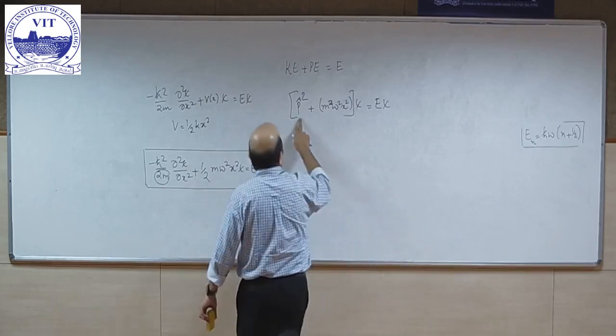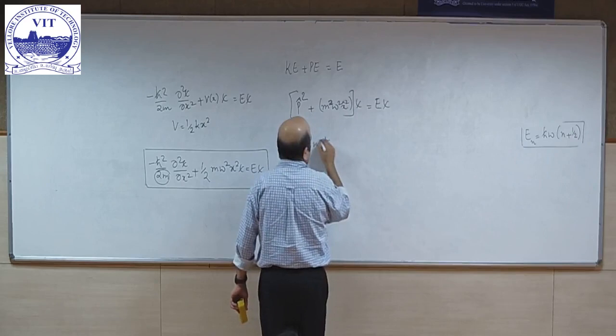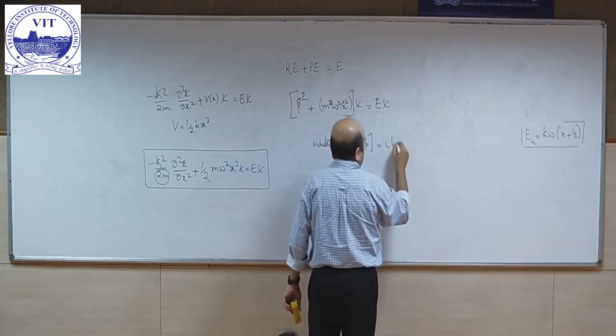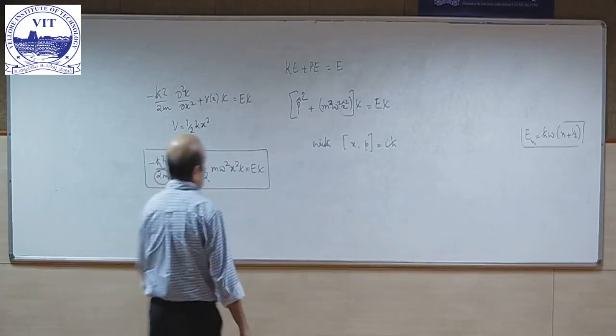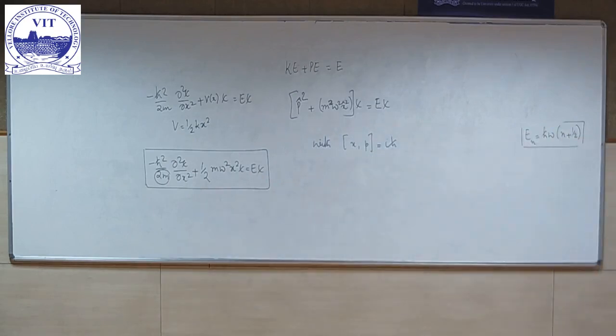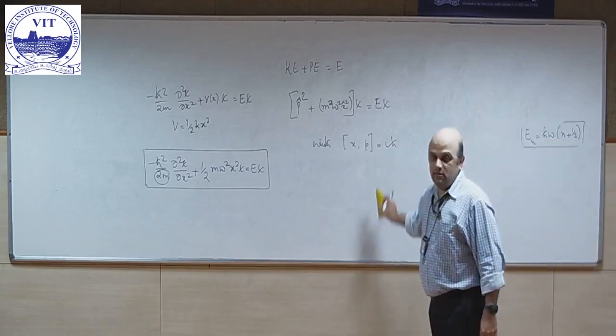This is in the form of p and x with the commutator of x and p equal to i h cross. These operators have to satisfy this condition. That means the momentum and the position cannot be simultaneously measured to arbitrary precision.